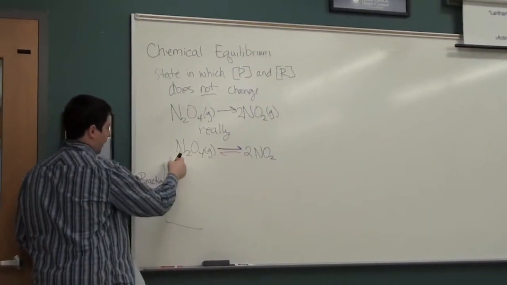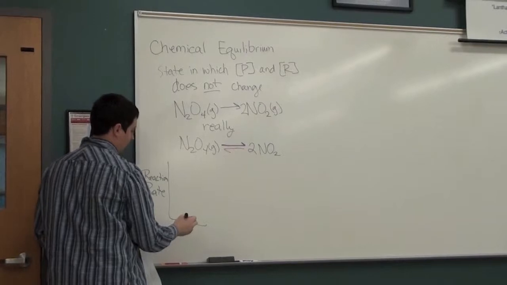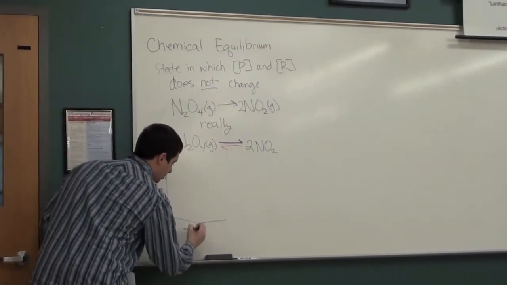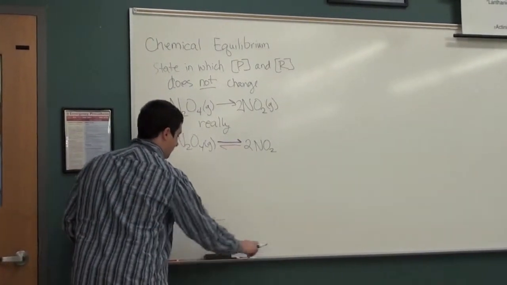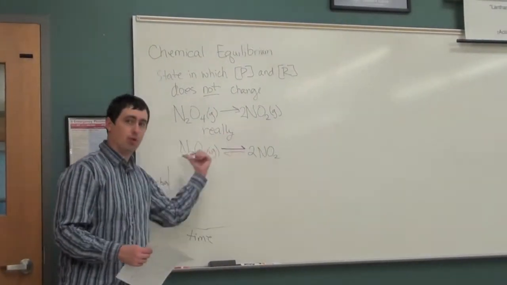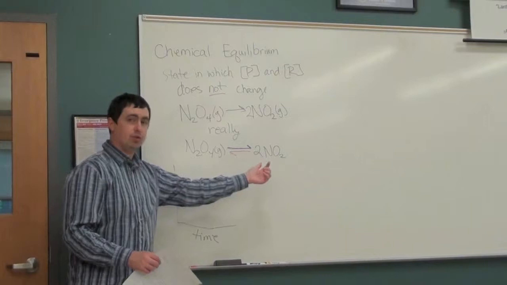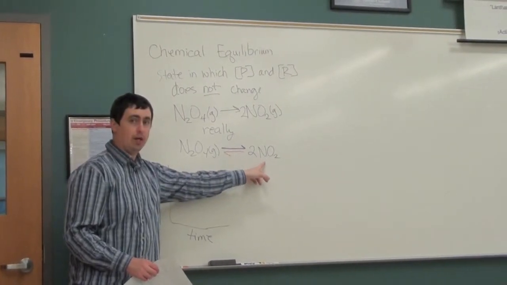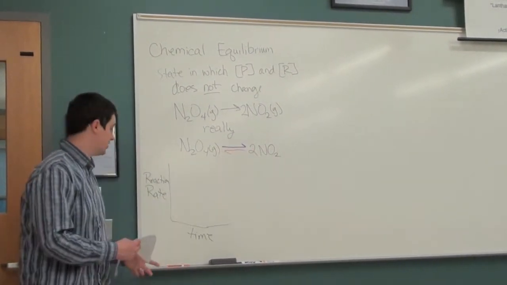So if we were to graph the reaction rate of this particular reaction, the decomposition of dinitrogen tetraoxide, as a function of time, at the very beginning, what are our reaction rates going to be in our forward and reverse reactions? Well, in reverse, since we have no product, the reverse reaction doesn't occur.